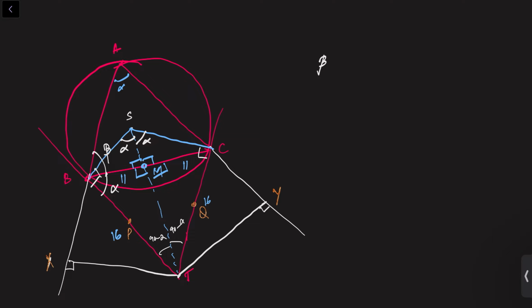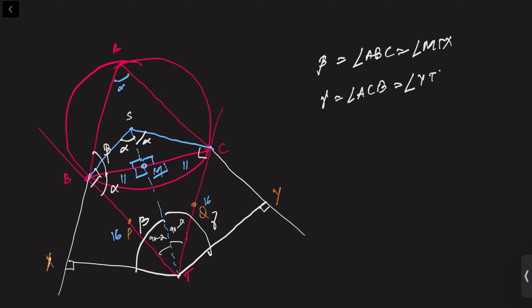So this entire angle is also beta, and this entire angle we got as gamma. So MTX is nothing but ABC, and gamma, similarly, we got as ACB, sorry, we got it as YTM.